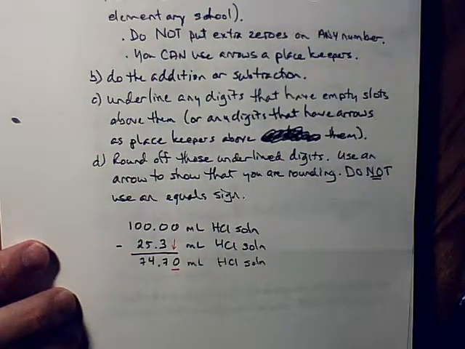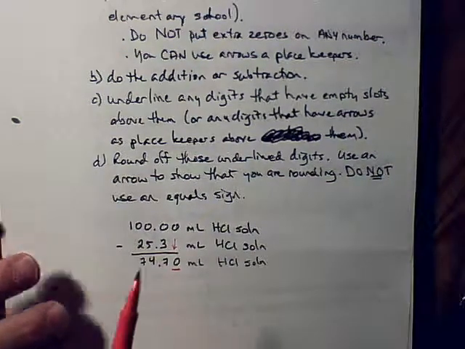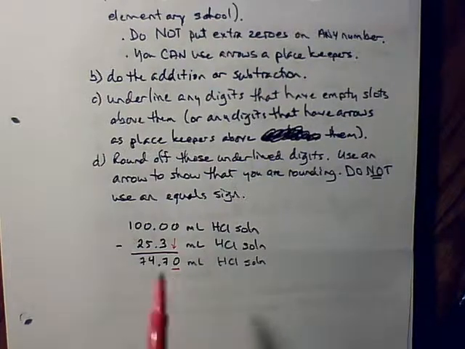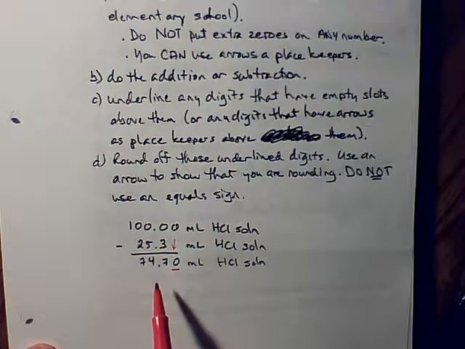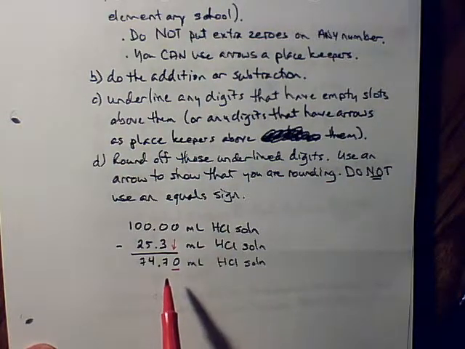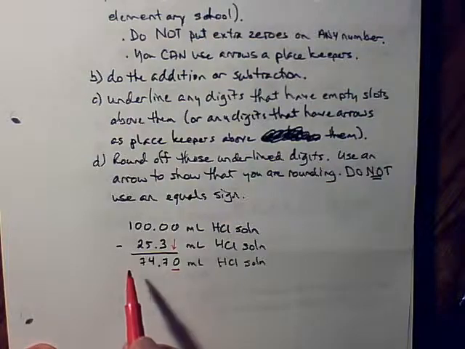You have to be smarter than your calculator. Your calculator will give you 74.7, and I'll allow you to use calculators in here. That's perfectly okay. But you have to know if I need to add an extra digit or if I have to remove a digit. And zeros are problematic with calculators, especially zeros on the right.